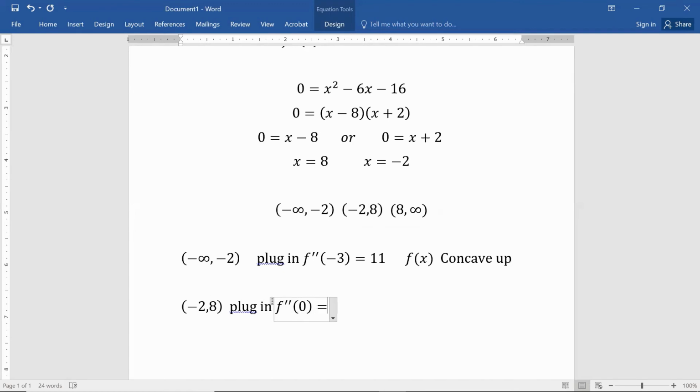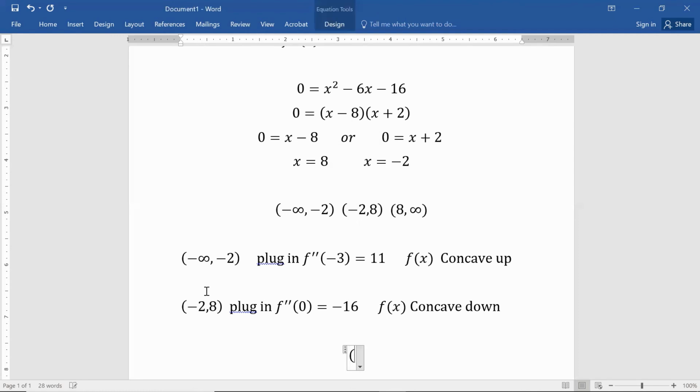So I like plugging in a 0 into that. You'll get out a -16. And that means my original function, f of x, was concave down in that subinterval.